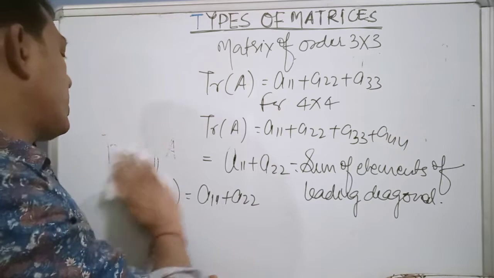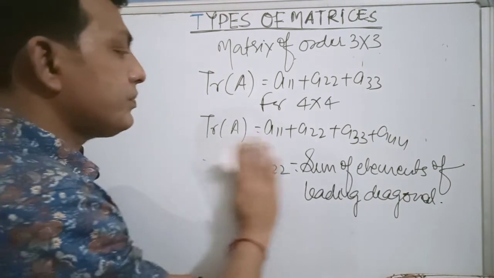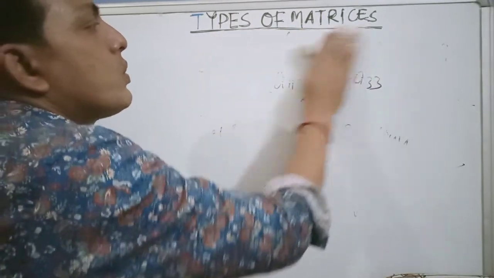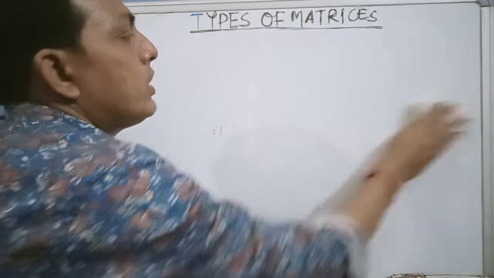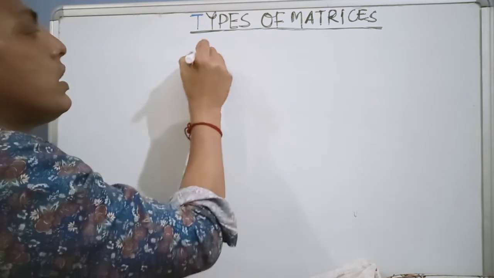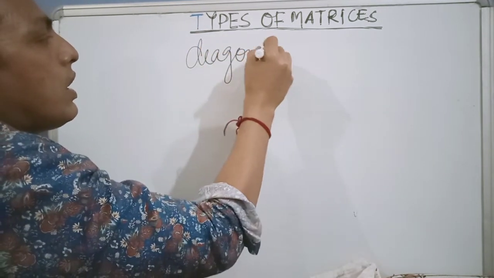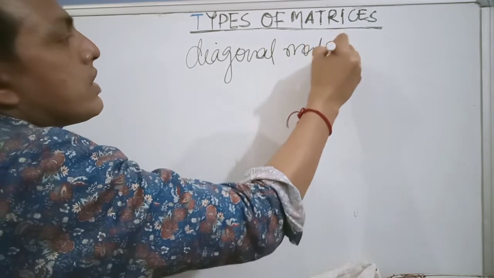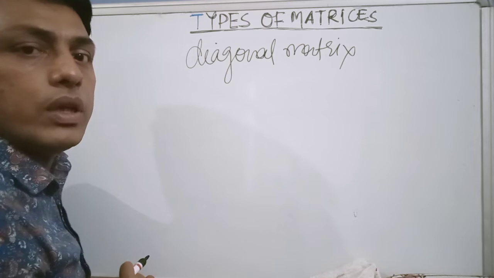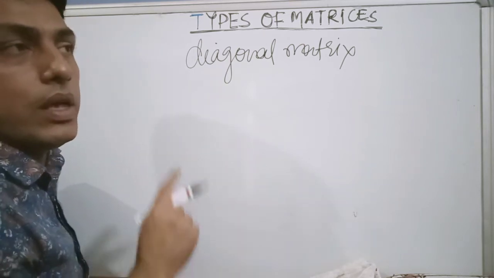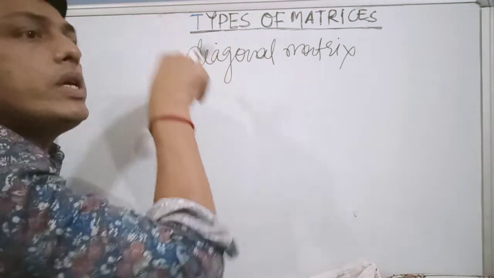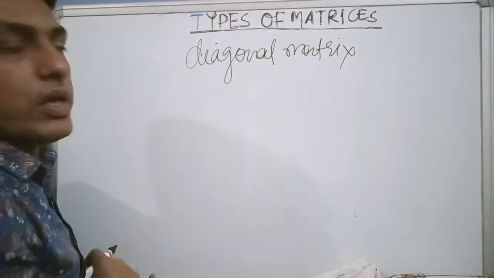Now, the next category of matrix. So that was square matrix and the terms related to square matrix. Now come to the next matrix, which is called diagonal matrix. The term diagonal in the name means somewhere it is related to the leading diagonal, so it must be a square matrix.